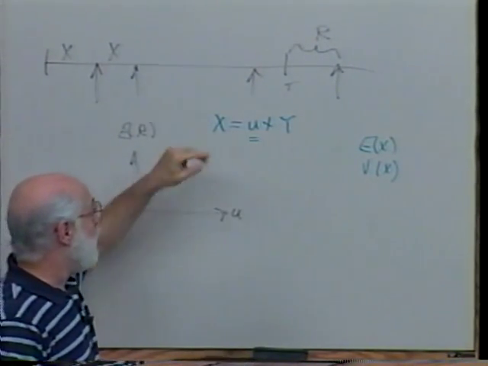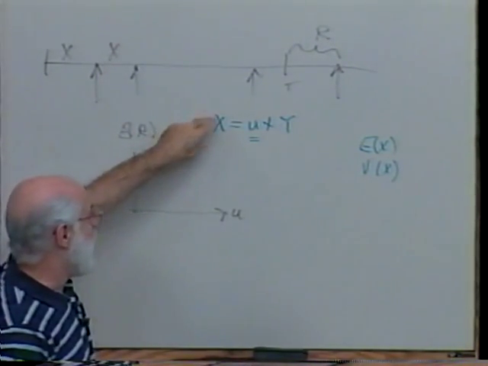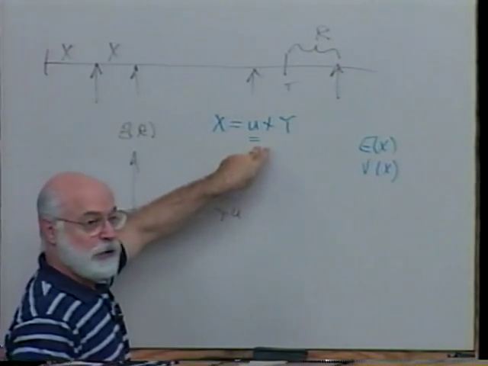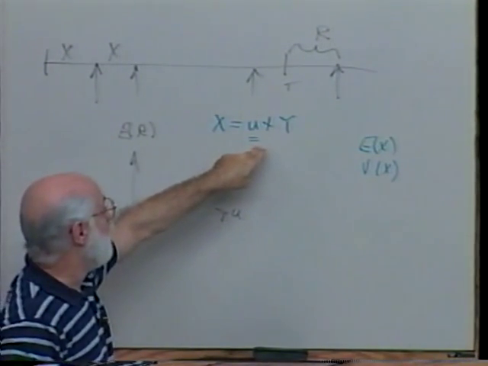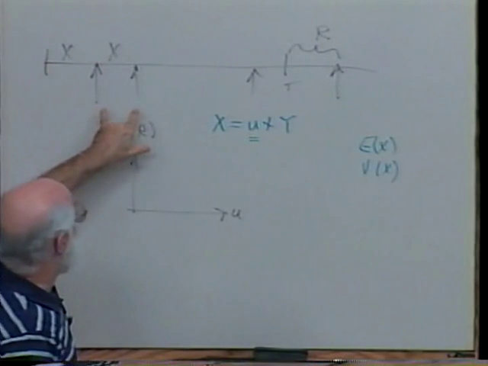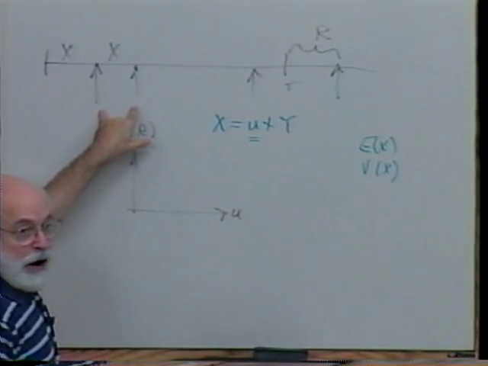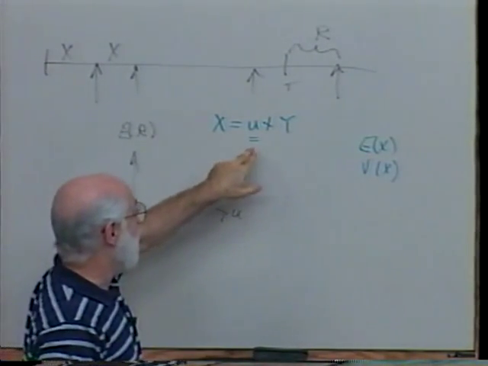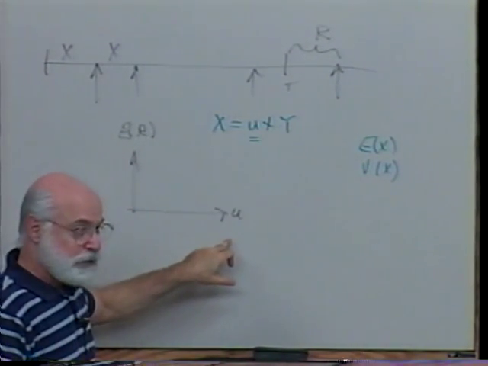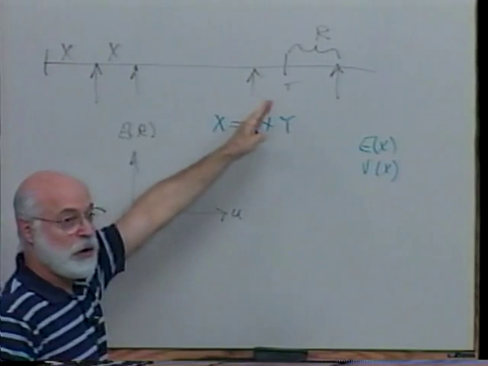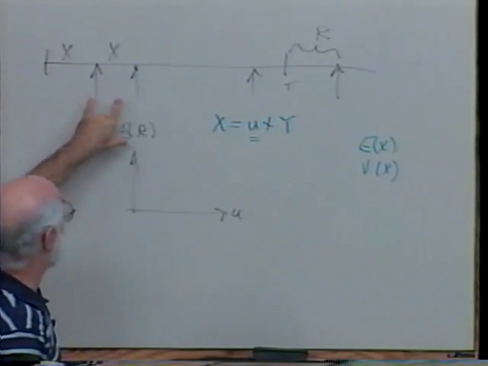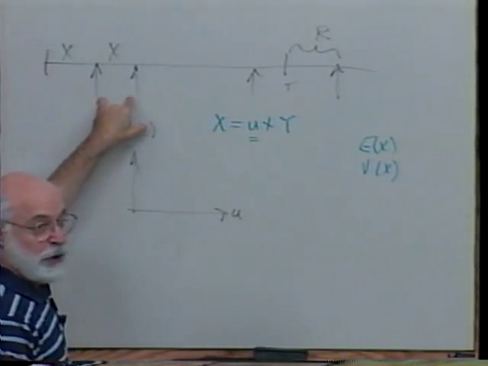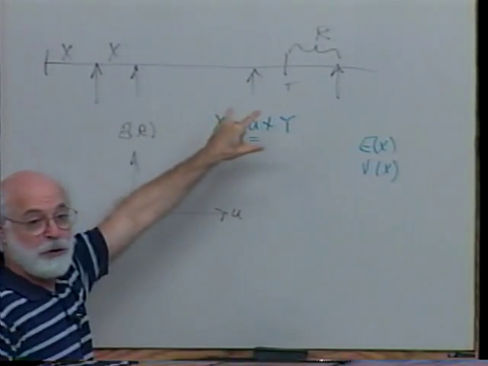So the problem is constructed so that different values of u correspond to different values of the average interrenewal time. As u gets bigger, the process has an average x that is bigger and bigger, but whose variance remains the same.